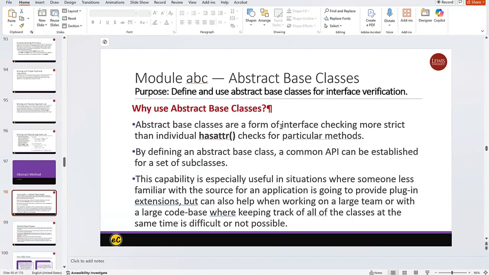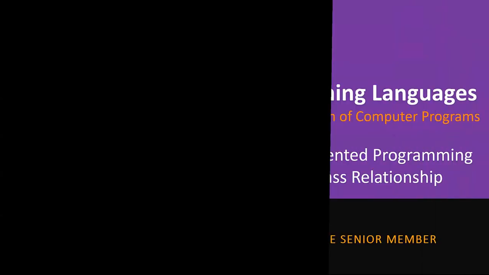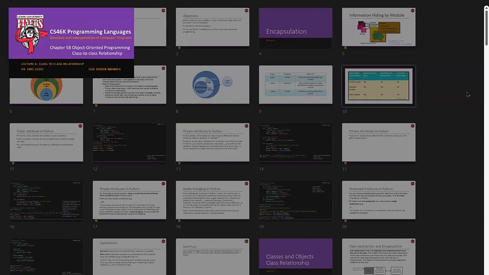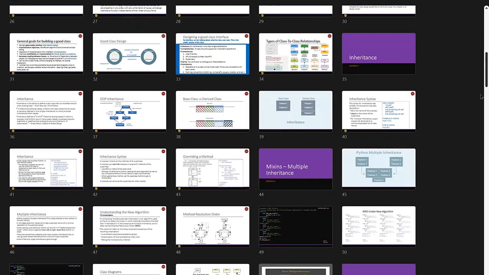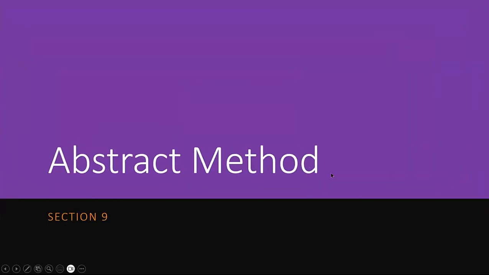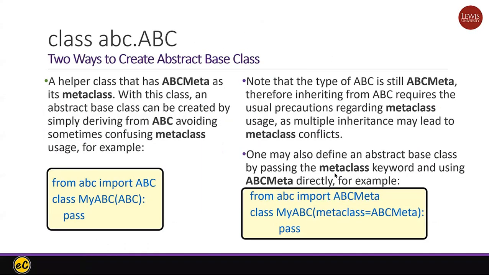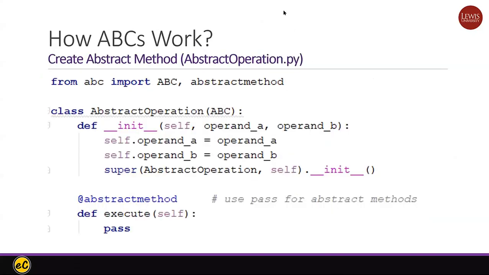Abstract methods: if you don't want to implement some function, you can make it an abstract function, which is also okay in Python. That is an unimplemented function. In that case, you use a decorator, abstract method, and this one will become an abstract function, undefined. Is that okay so far?